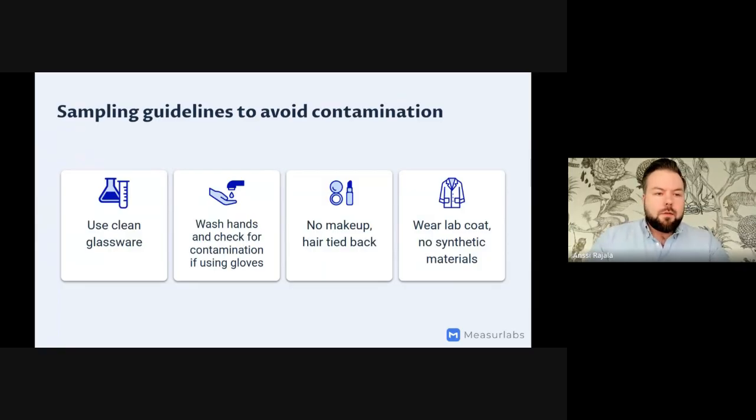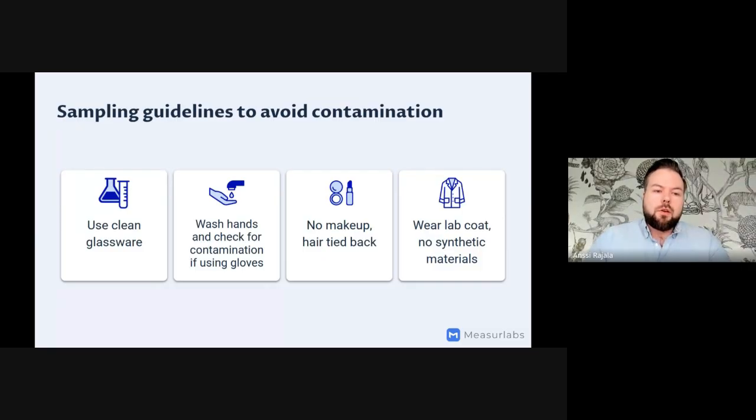Then we can talk a bit about the sampling. Because microplastics are ubiquitous in the current world, we always recommend trying to avoid contamination, which is usually very easy. So we recommend using clean glassware for the sampling, washing hands before the sampling, and not using polymer-based gloves if possible.